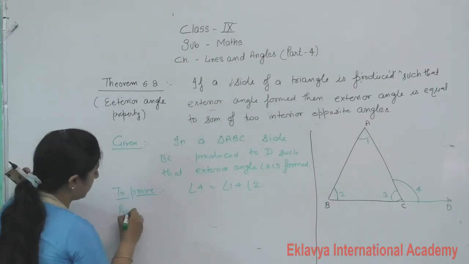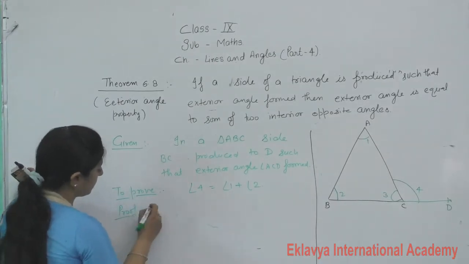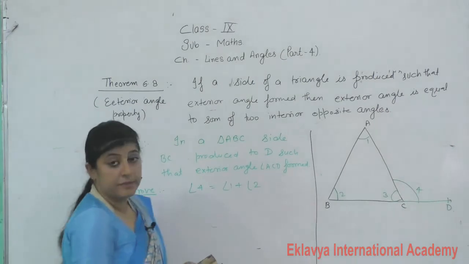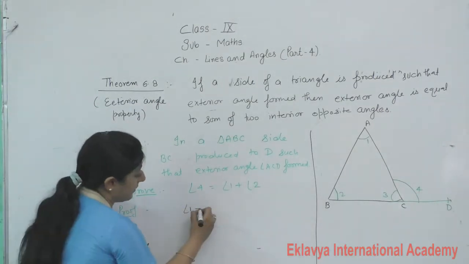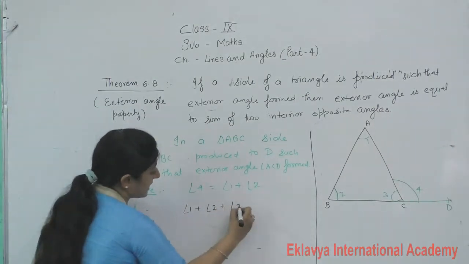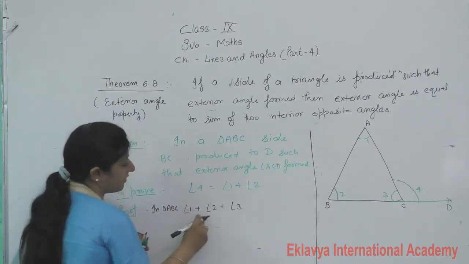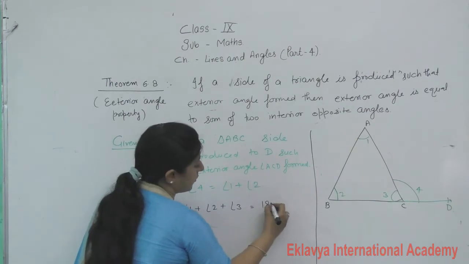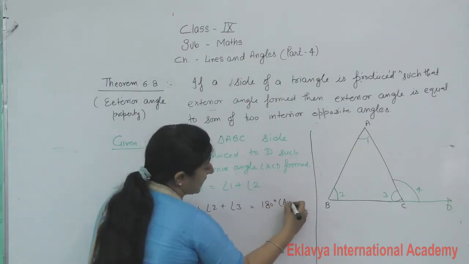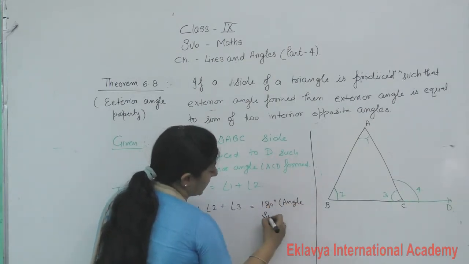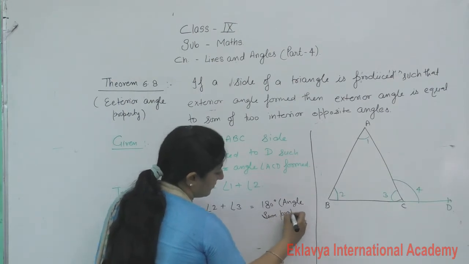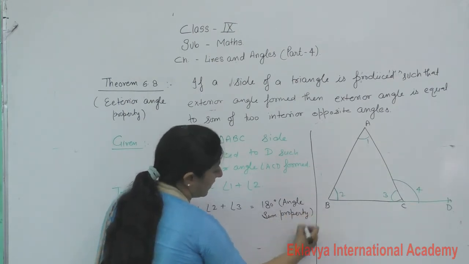Now we start our proof. In triangle ABC, angle 1 plus 2 plus 3 is equal to 180 degree using the angle sum property of a triangle.